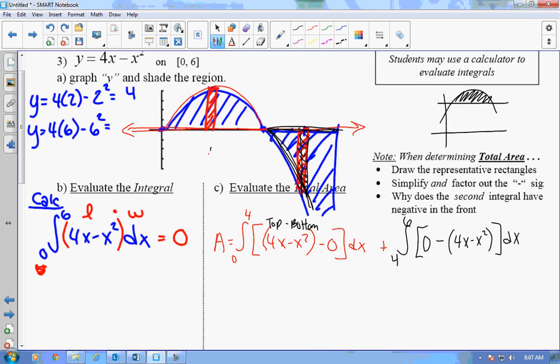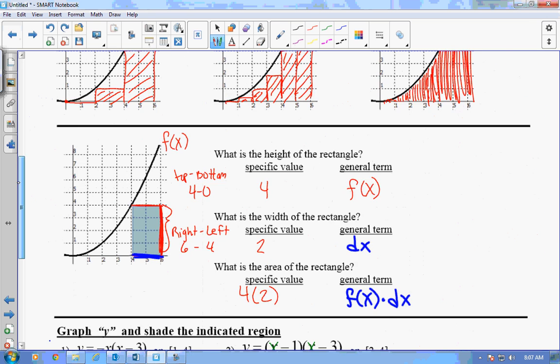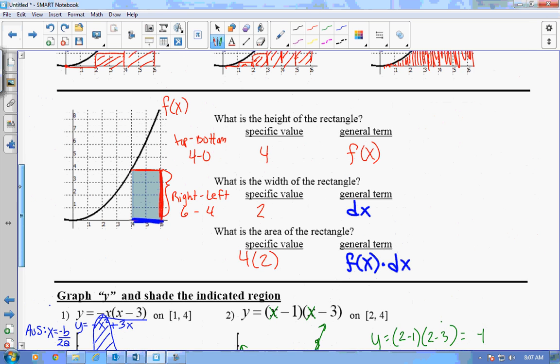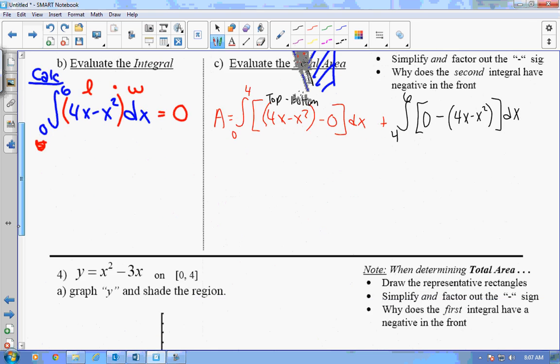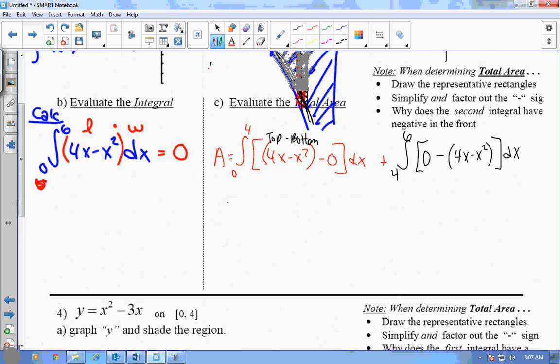Back to your left-hand column, my front side. Okay, top minus bottom. Make sure you do top minus bottom. So if we integrate from 0 to 4 of 4x minus x squared dx, what do you get with that? You can type this one in your calculator, as long as you write the integrand.